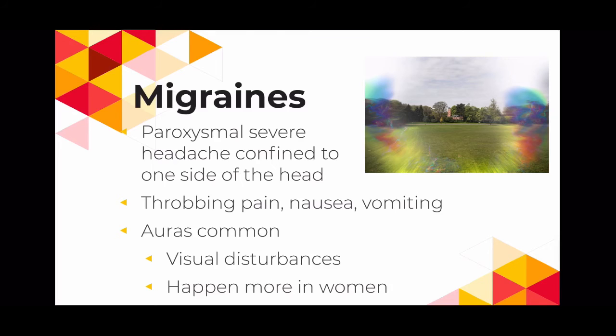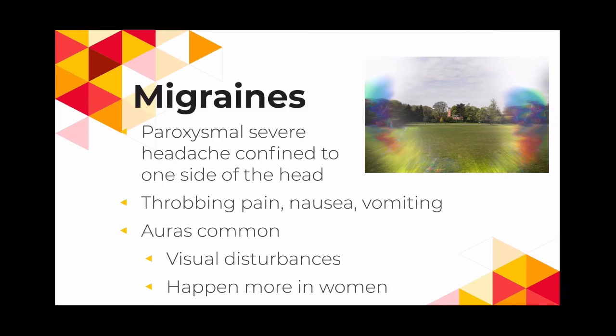So let's define that for you. Paroxysmal is referring to a sudden attack or spasm. So this means that migraines, if you've ever had one, come on fairly quickly. When an individual has a migraine, they usually have really intense throbbing or pulsating pain in one area of their head, which is commonly associated then with nausea and vomiting.